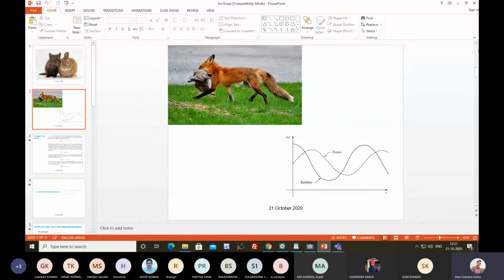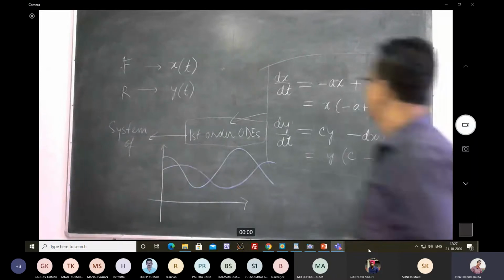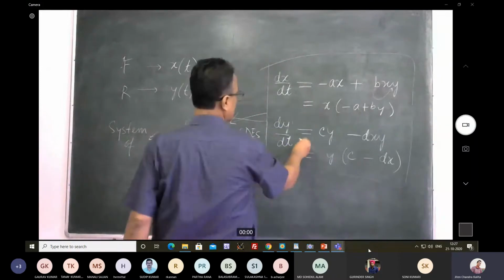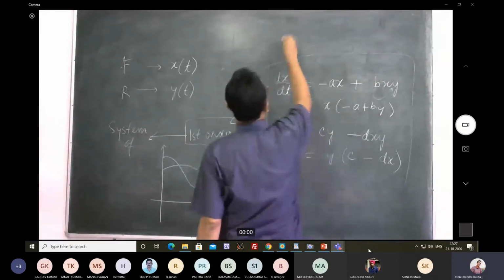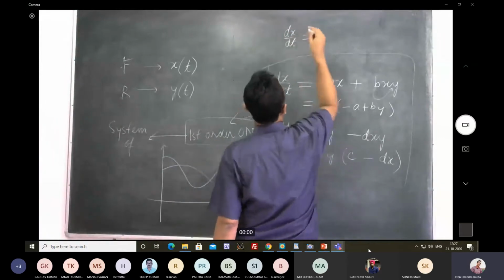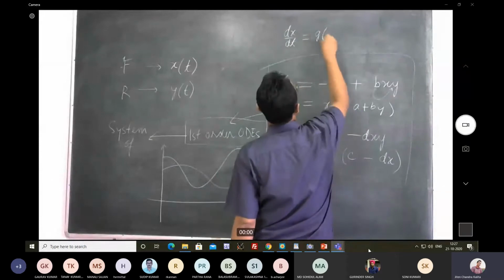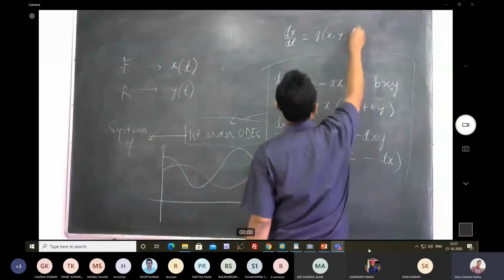Right? So basically, what I want to tell you here is that these two equations I can write as something like g of x y.